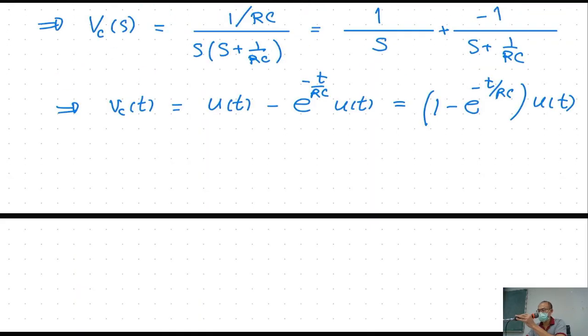And the next property is time integration, which is the fourth property.